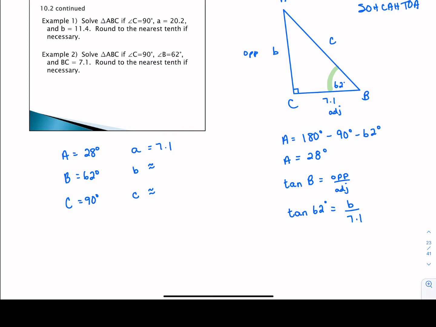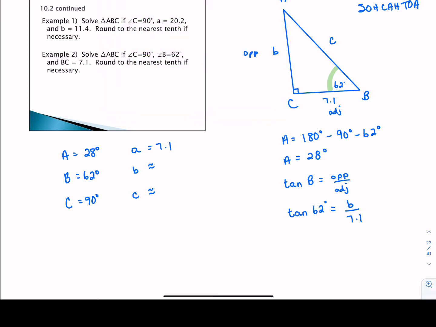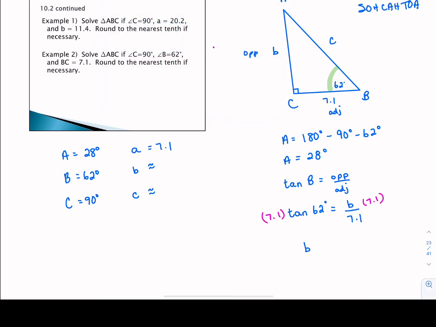This little equation happens to have a fraction in it. So if we want to clear the fraction, what we can do is multiply both sides by 7.1. So if I multiply the right side by 7.1 to clear that fraction, I must multiply the left side by 7.1 as well. So what we get here is a B value that we can find by taking 7.1 and multiplying it by the tangent of 62 degrees.